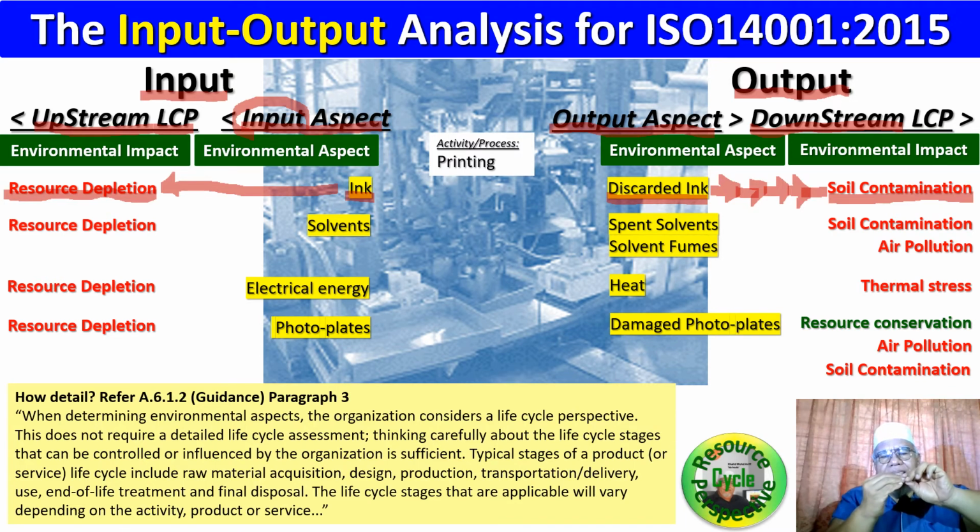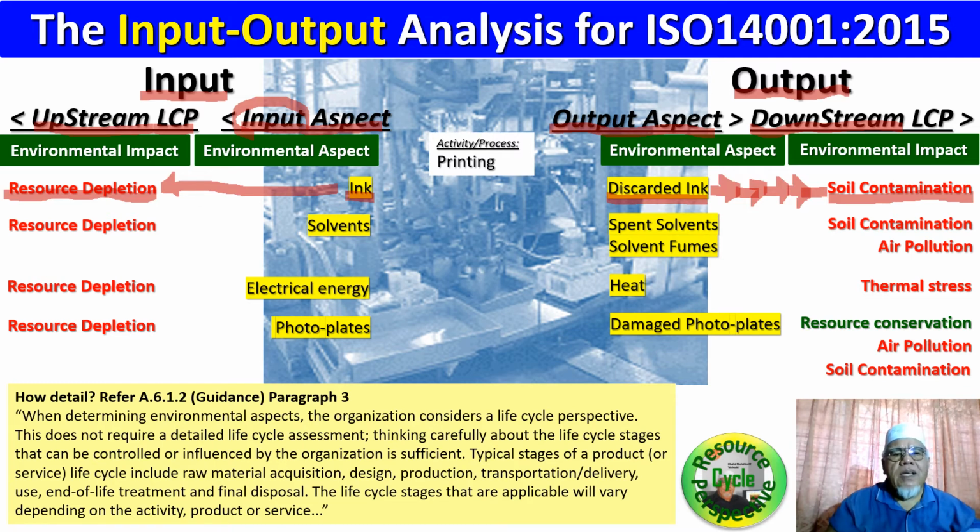If it is an output aspect, meaning being released from this facility or process, it will interact with the environment downstream and cause environmental impact, such as air pollution, marine pollution, water pollution, and soil contamination. So that's how we use input-output analysis. I hope it's clear for you.